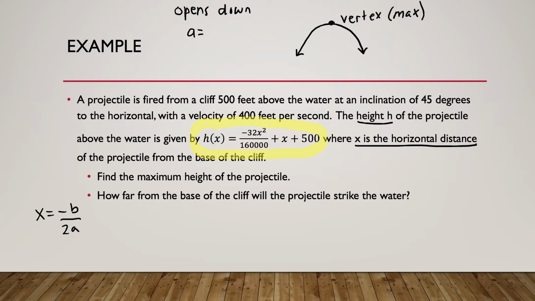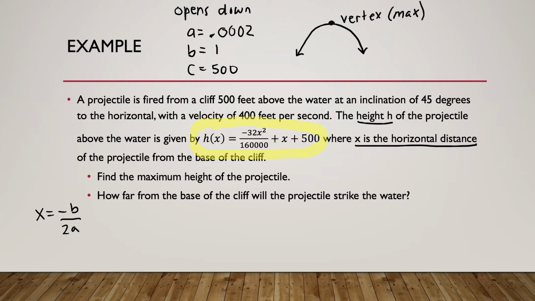So I'm going to put in the negative 32 and divide it by the 160,000. And I'm going to get as an a value 0.0002. The b value, the number sitting in front of the x, is 1, and the c is 500.